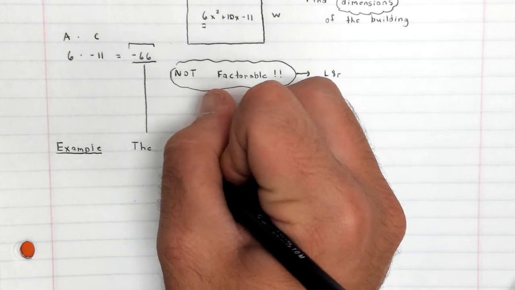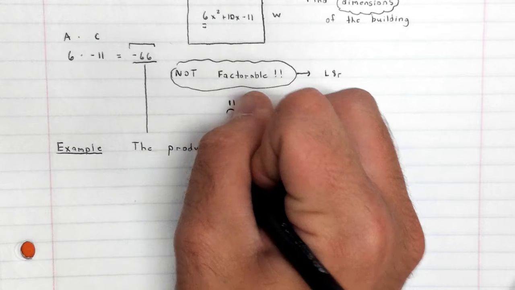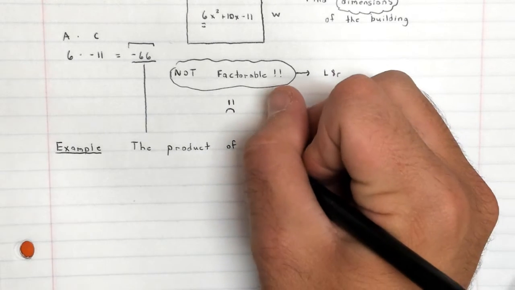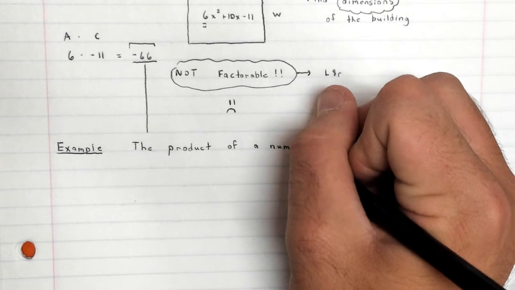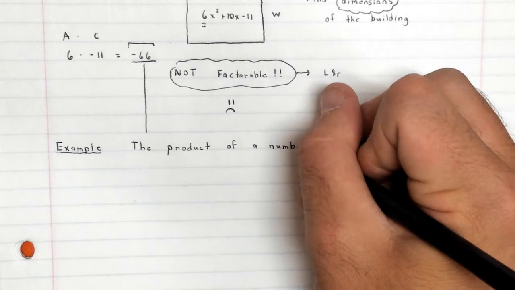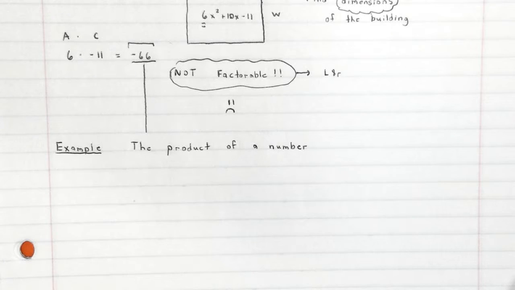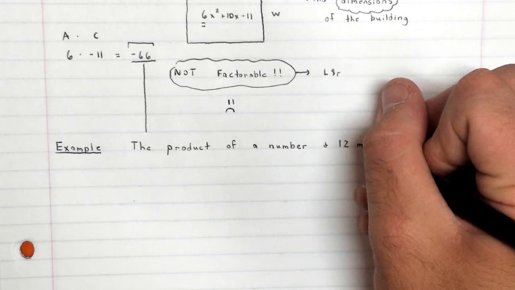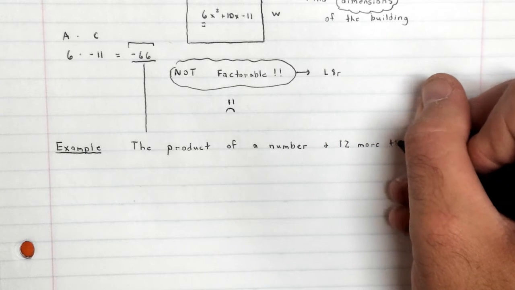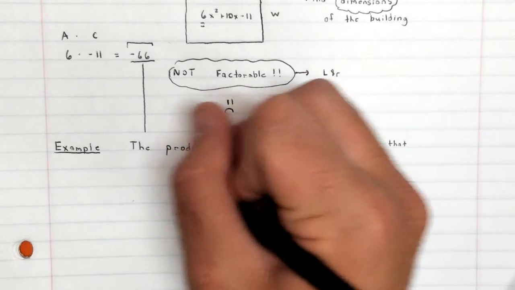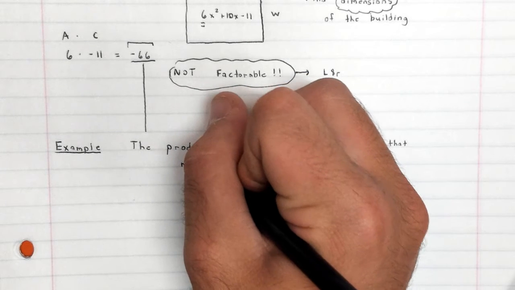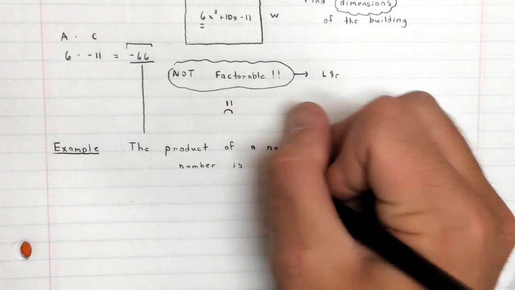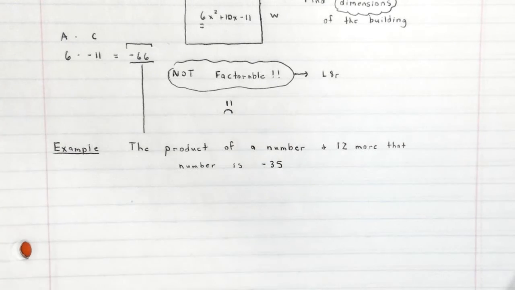The product of a number and 12 more than that number is negative 35.